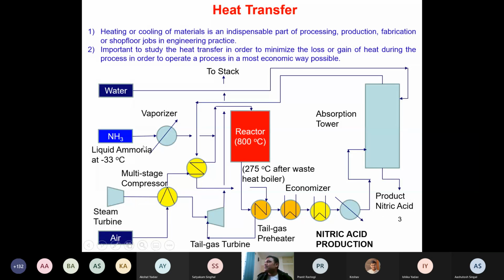So here the reaction scheme is ammonia reacts with oxygen to produce the oxides of nitrogen, and these oxides of nitrogen then react with water to produce the nitric acid. So this is the reaction scheme.